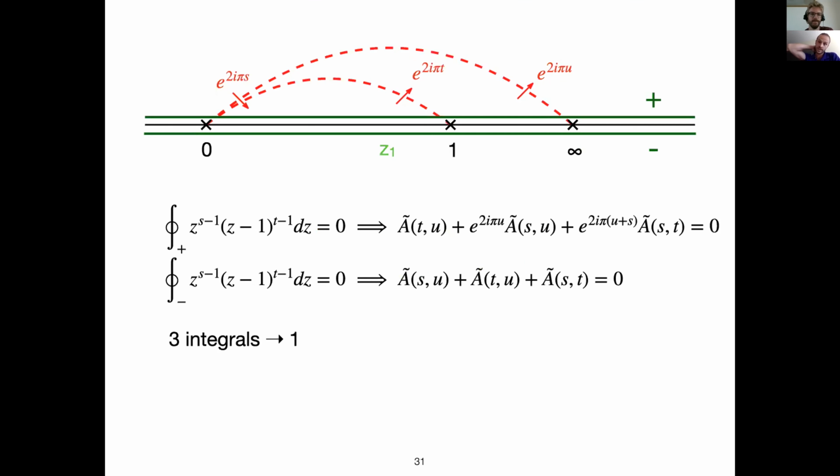And so what do the monodromies tell you? Well, they tell you that on the plus axis, okay, I wrote this to be completely rigorous. It turns out that it's only the TU amplitude written in this way that corresponds to that integral. And in here, Z is bigger than 0 and Z is bigger than 1, so it doesn't have a monodromy phase.